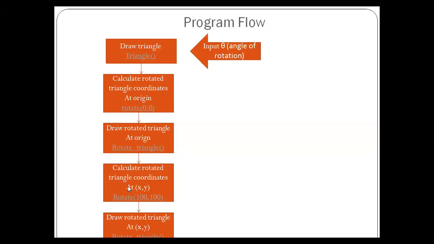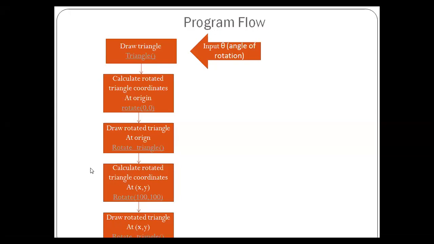Again I will calculate a new rotate matrix for rotating with respect to pivot point 100 comma 100, and again I will draw that rotated matrix. So three triangles I need to get. One is the original triangle, one is the rotated triangle at the origin, one is the rotated triangle at the fixed point.